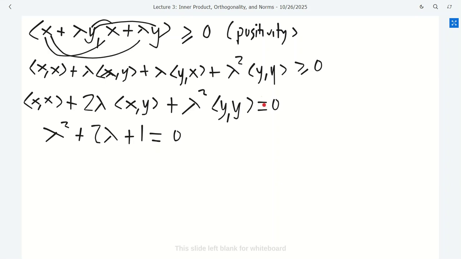So if you have the equation in terms of lambda, that means you will end up having a quadratic equation.